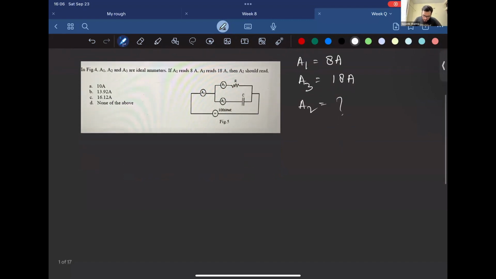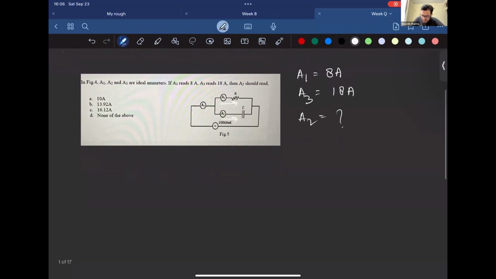What's happening here is both these currents are vector quantities, right? Whatever these ammeters are measuring are the RMS quantities. And we are supposed to do vector addition of A1 and A2 to find out A3. So what is A3 going to be? It's the vector addition of A1 and A2.